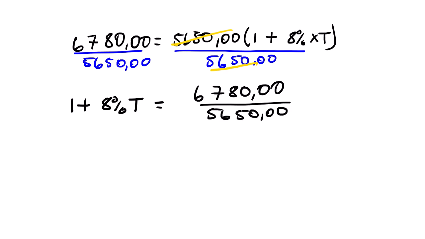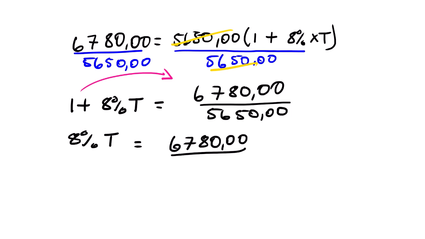Then from here we can transpose 1 to the other side. It's 8% T equals 6,780,000 over 5,650,000, then we have minus 1 here. Then we are going to be removing this percentage, 8%.